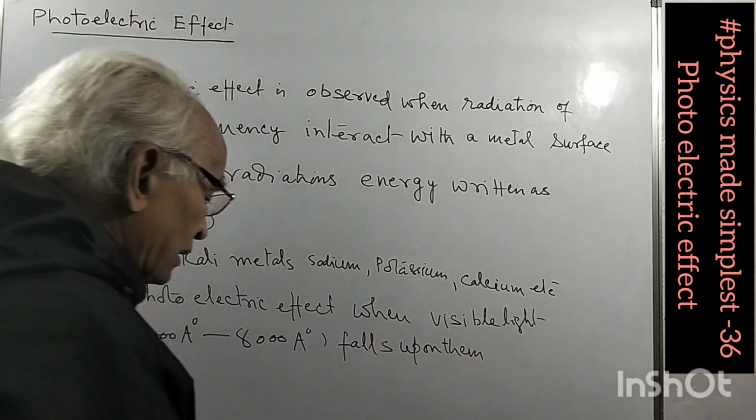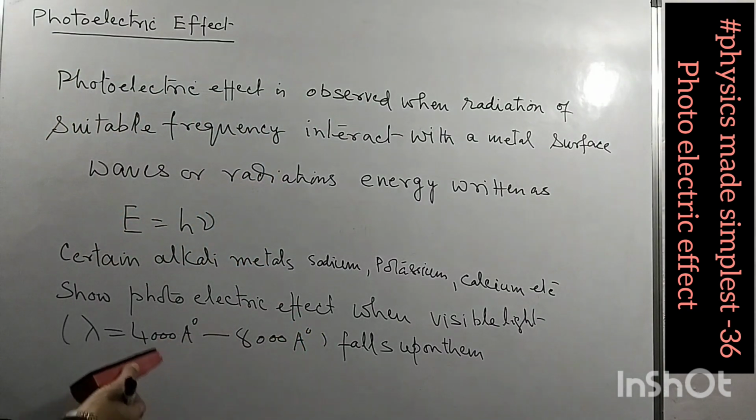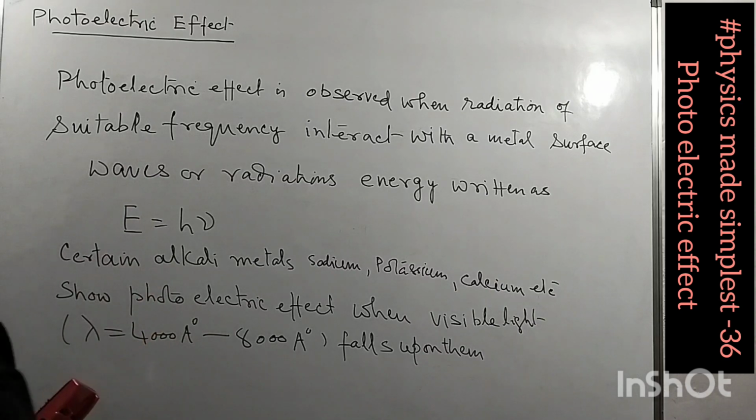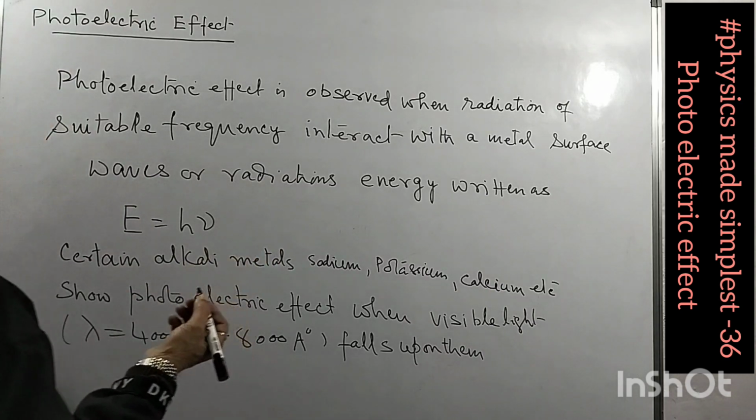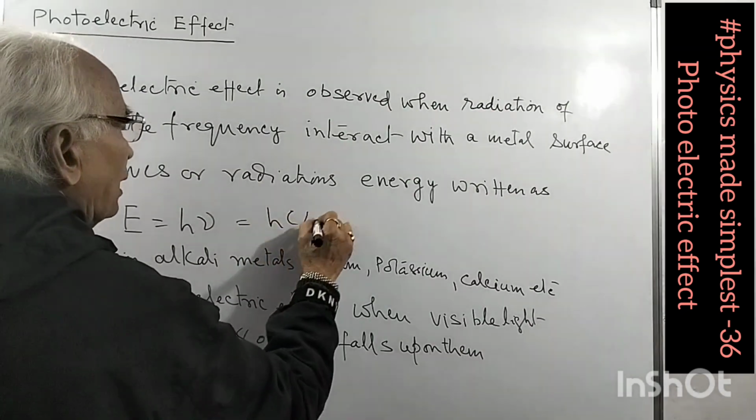So when this frequency or this wavelength falls upon the metallic plate, you can calculate the energy E equal to h nu, or h c over lambda.